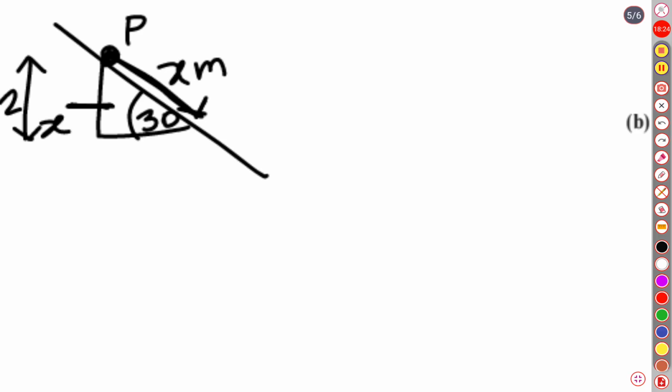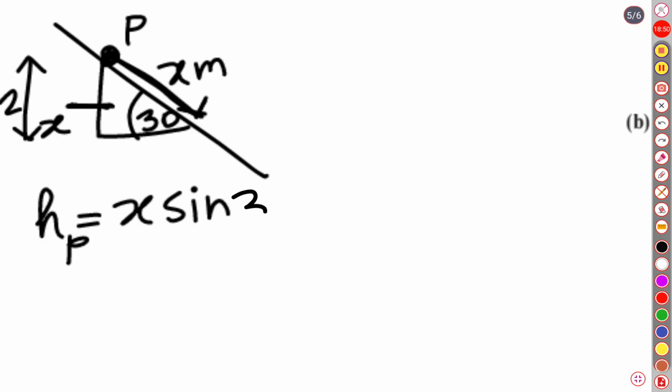So let us find the final height of particle P. Suppose this is h. The final height of P is equal to x sine 30 degrees, the vertical component of this triangle.